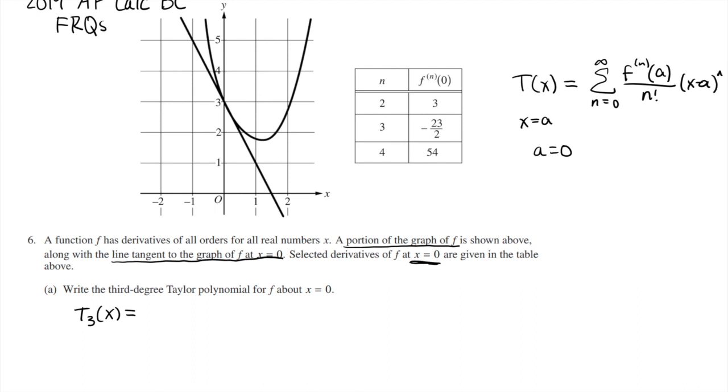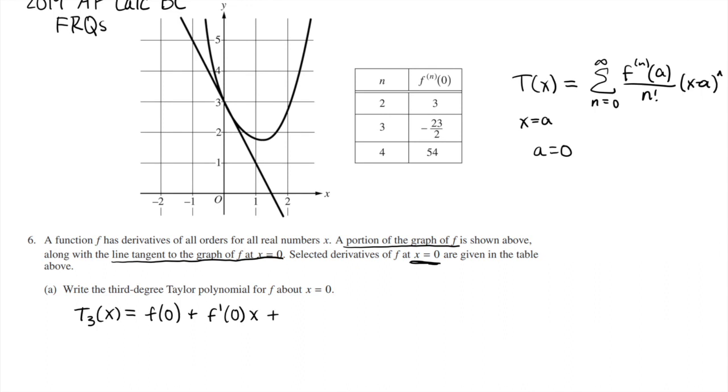0 factorial, remember, is defined to be 1. X minus 0 will just be x raised to the 0, which is just 1. So this first term is just f of 0. Our next term, similarly plugging in 1, you'll get that that's the first derivative at 0 over 1 times x to the 1.